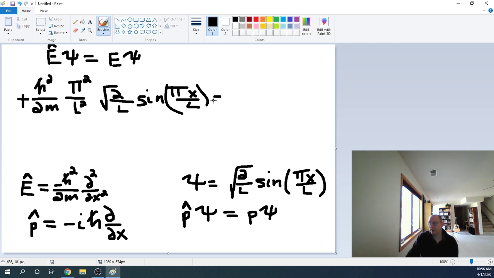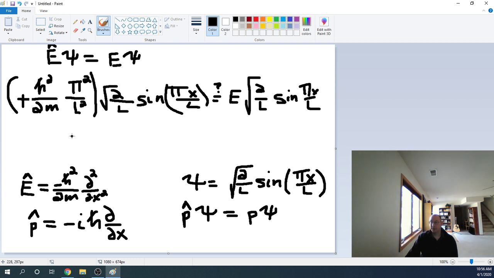Now, I'm asking myself, is that equal to some constant E times the original wave function back? Again, just like before, I'll put a little question mark there. Does it work? It looks to me like it works, doesn't it? What's my constant E? It looks like what I just put in parentheses there.